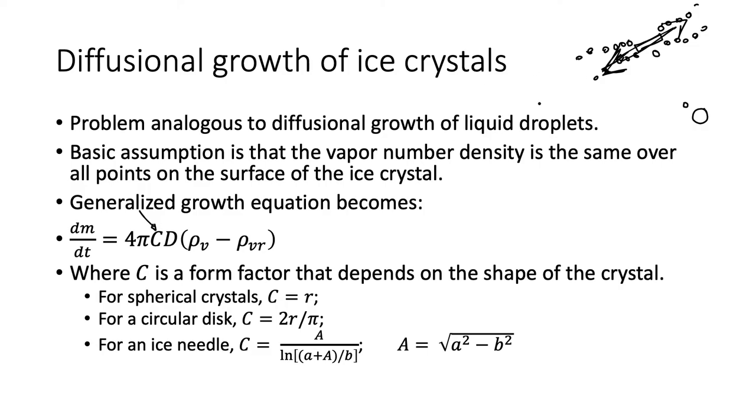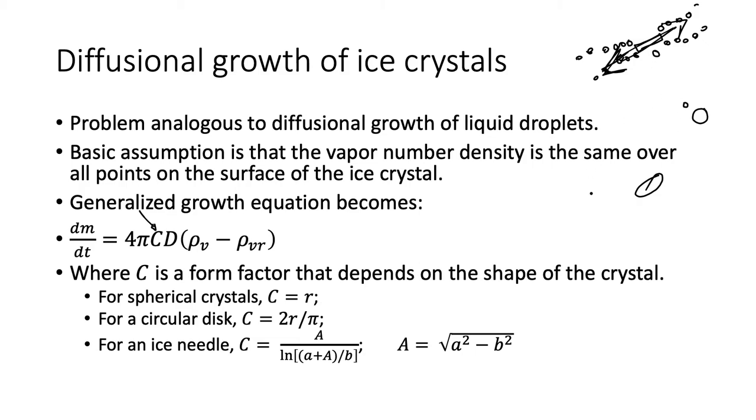Okay. And it's a factor that depends on the shape of the crystal. So if you have a spherical crystal, okay, I'm not sure these exist, but if you have a spherical crystal, then this form factor is just a radius. Okay, and this is exactly the 4 pi r that we had for the liquid water droplet. If you have a circular disk like this, then this goes like 2r over pi.